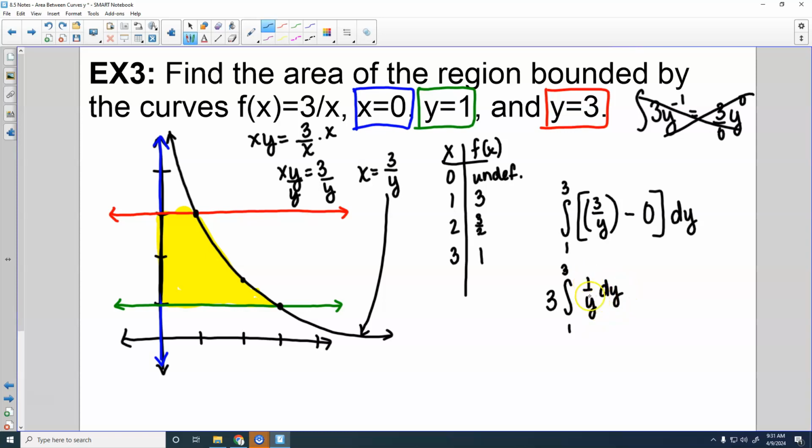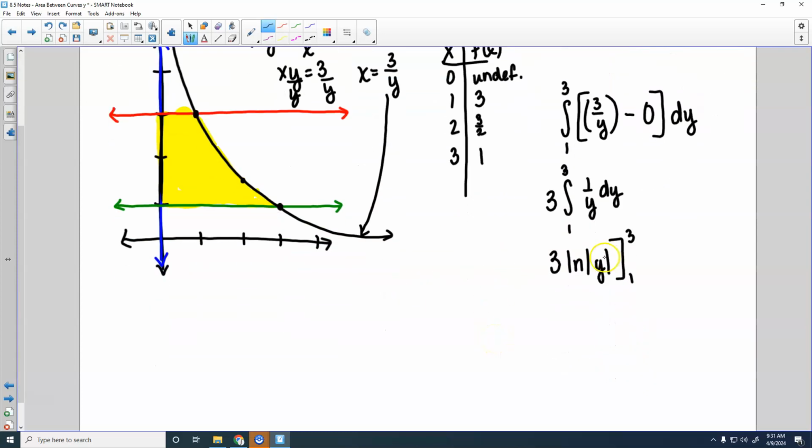And when we integrate 1 over y, we get natural log. So 3 natural log of the absolute value of y. And we'll evaluate that from 1 to 3. So that will be 3 natural log of 3 minus 3 natural log of 1. But what is natural log of 1? It is 0, so 3 natural log of 3 is just your answer for that.